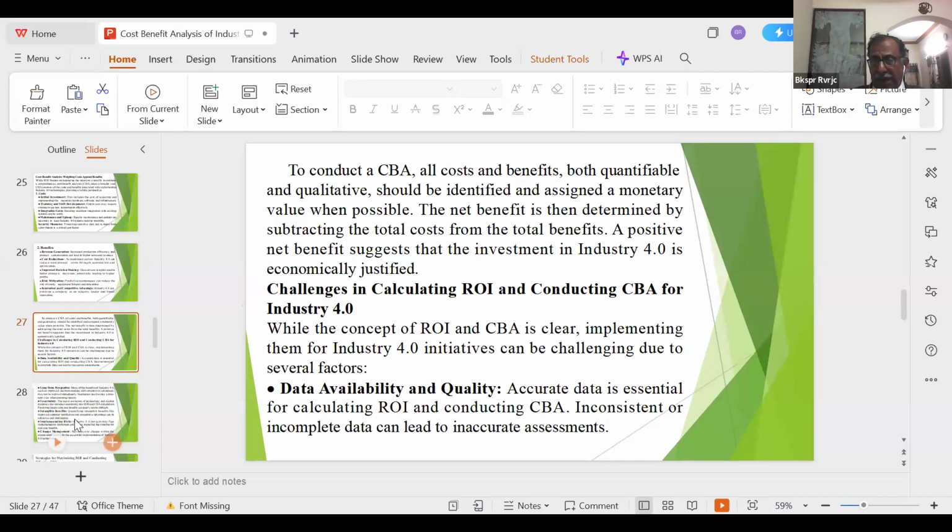The first factor is data availability and quality. Accurate data is essential for calculating the ROI and conducting cost benefit analysis. Inconsistent or incomplete data can lead to inaccurate assessments of the organization's activities.